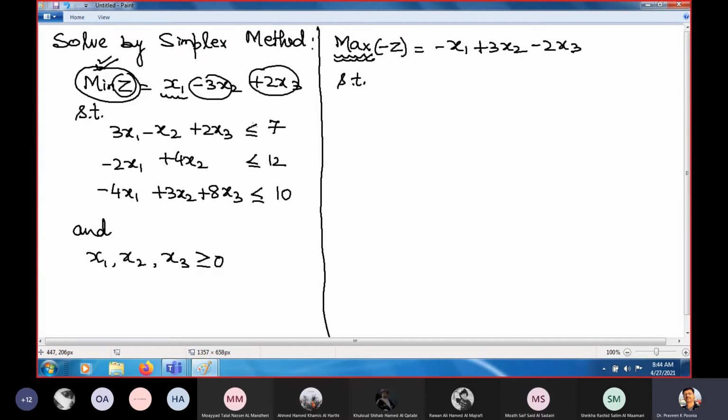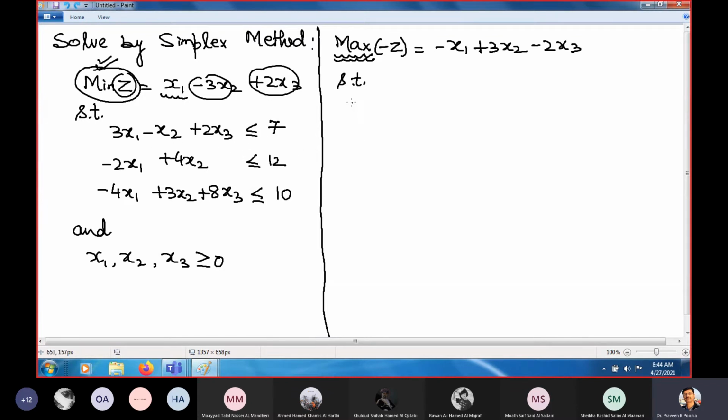Subject to: now check here, less than, less than, less than. Class, all three constraints are less than constraints, so there is no problem.